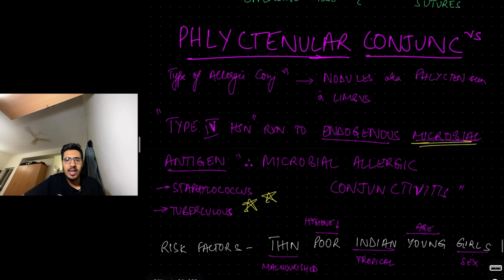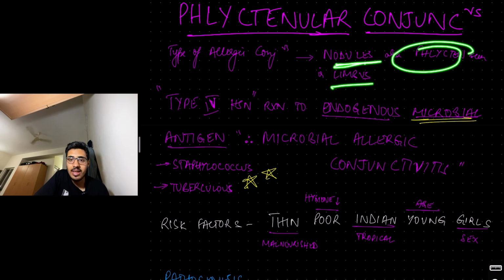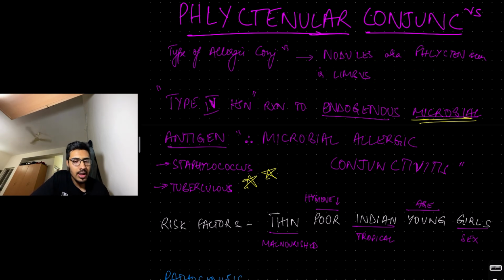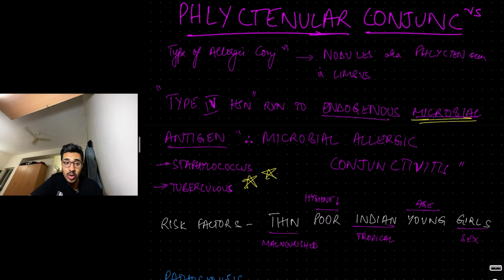Next, coming to phlyctenular conjunctivitis. See, phlyctenular conjunctivitis is a type of allergic conjunctivitis where you'll see nodules or phlyctens. These nodules, also known as phlyctens, are seen in the limbal area. Here, it is a type 4 hypersensitivity reaction to endogenous microbial antigen, hence also known as microbial allergic conjunctivitis.